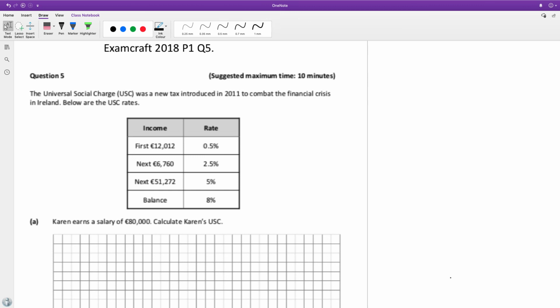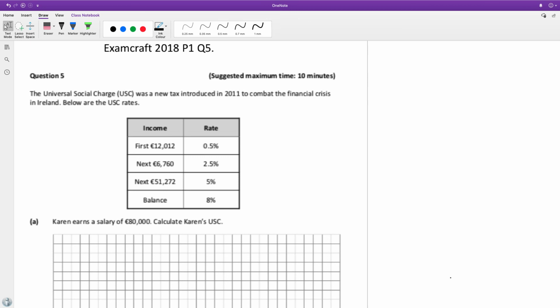The universal social charge was a new tax introduced in 2011 to combat the financial crisis in Ireland, lower the USC rates. USC, any idea?